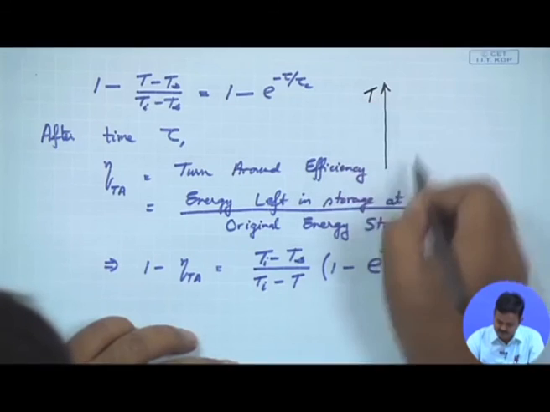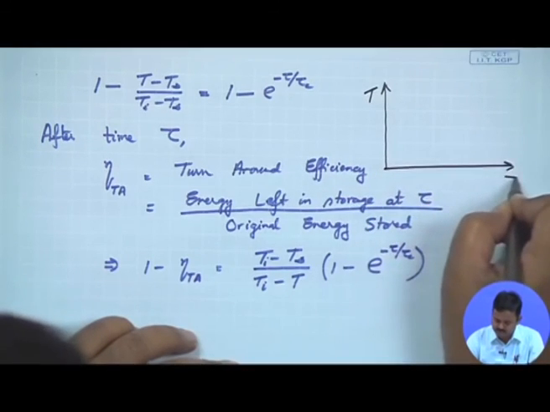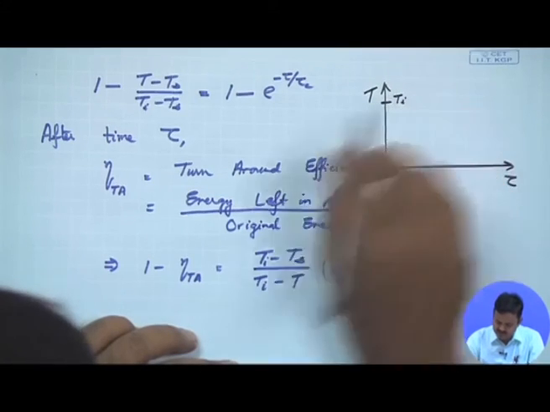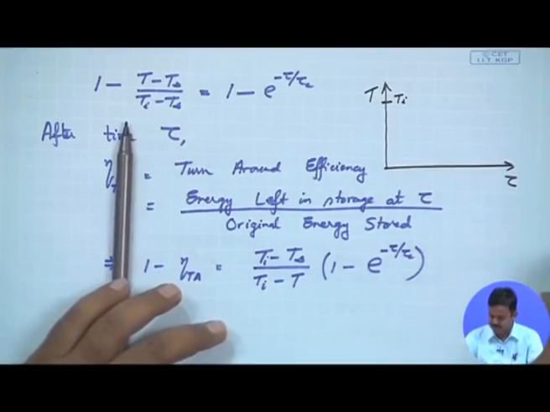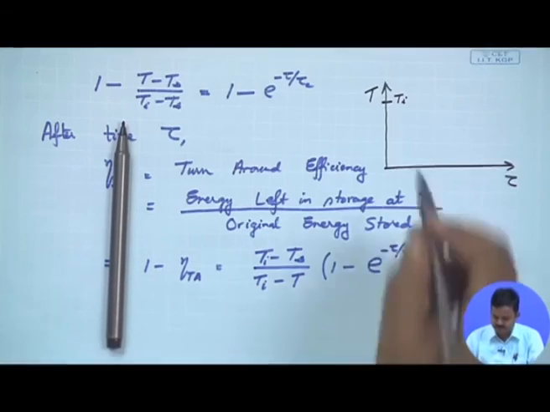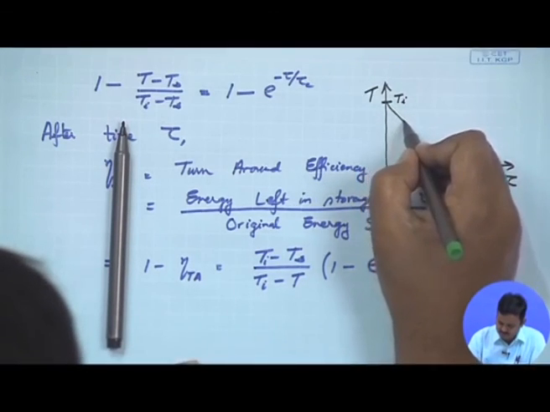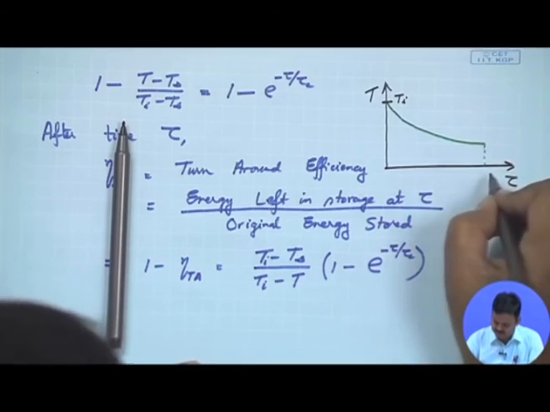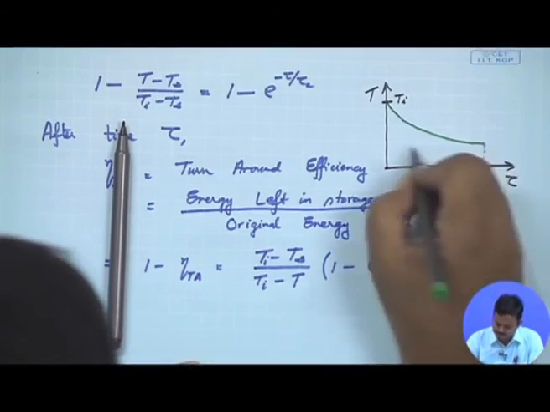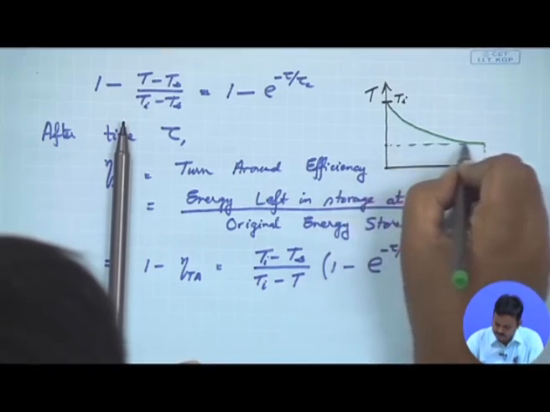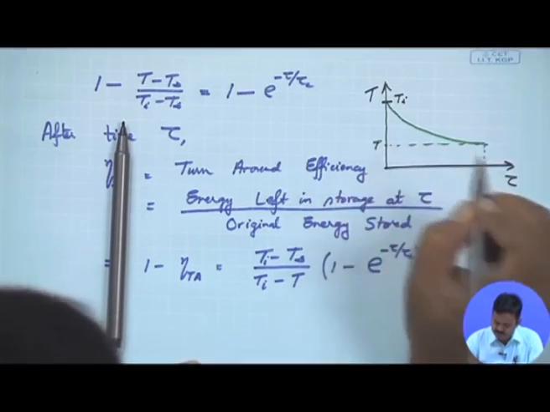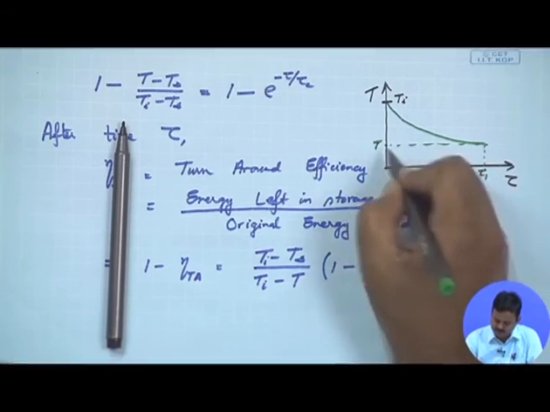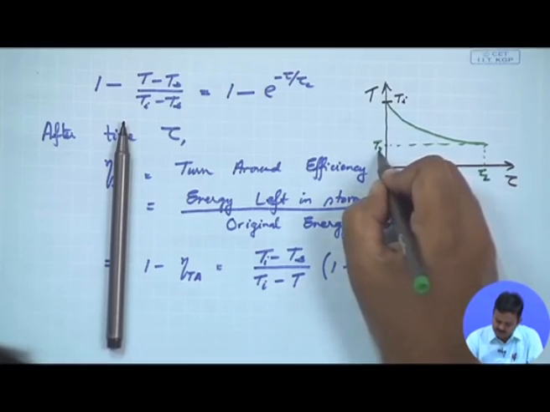If this is my temperature and this is my time, then I started with T I, and with time my temperature actually falls exponentially, and probably at this point, let us say tau equal to tau 2, this is T equal to T 2.